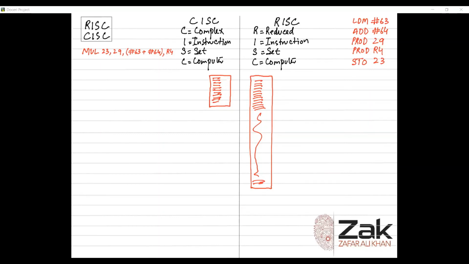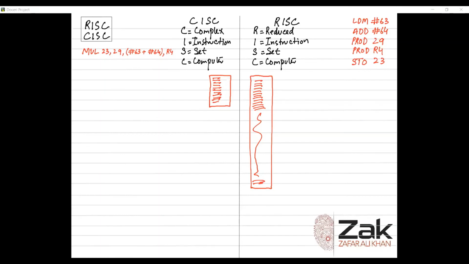So in RISC, the programmer is breaking the instructions and the processor is just following them. In CISC, the programmer is giving one single complex instruction, and the processor has the duty to break that into a number of instructions, and then these instructions will be executed by the processor one by one.